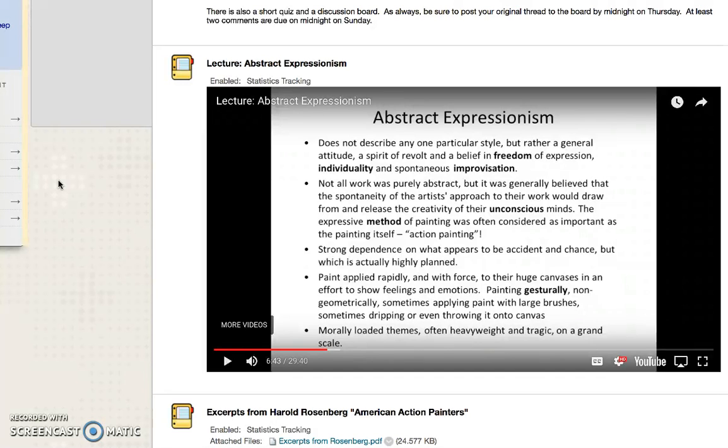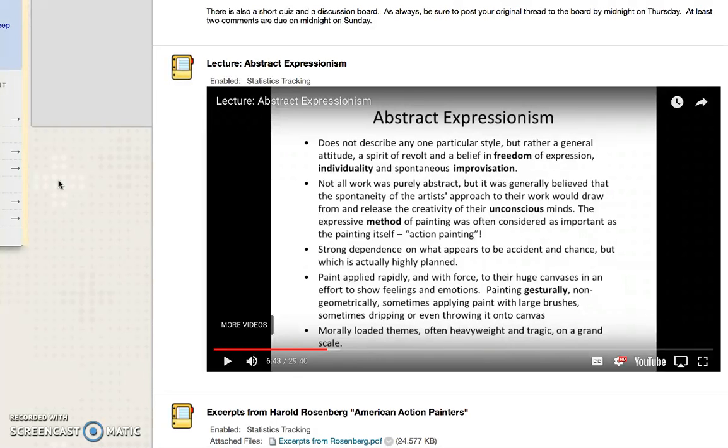And most important, I think you have to go into this work with an open mind. You did a great job thinking about Dada and Surrealism and trying to understand it. So please, I hope you'll bring that same kind of open-mindedness to abstract expressionism. Sometimes people look at this art and say things like, well, my kid could do that, or this looks like a joke.